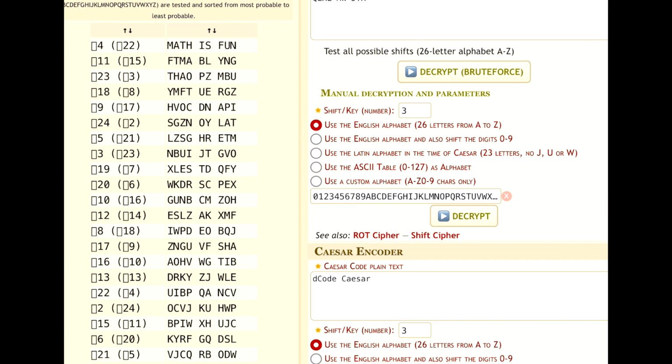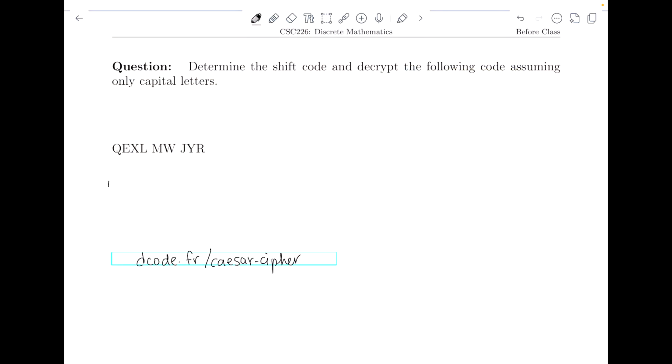So going back to the example, we've concluded that this is the encryption of math is fun, and that my key is +4. So you can definitely brute force it just by running through all the possible keys that I have.